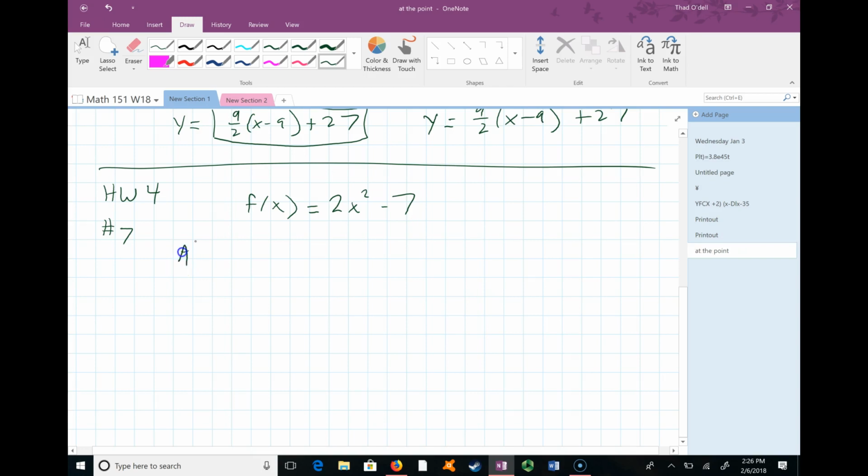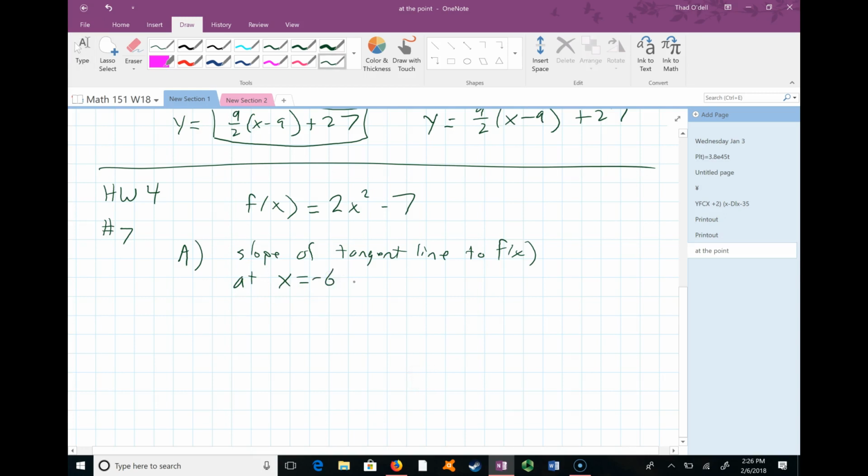It says, first of all, A, find the slope of the line tangent to f of x at x equals -6.